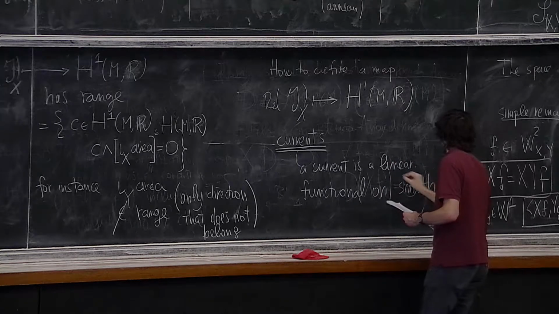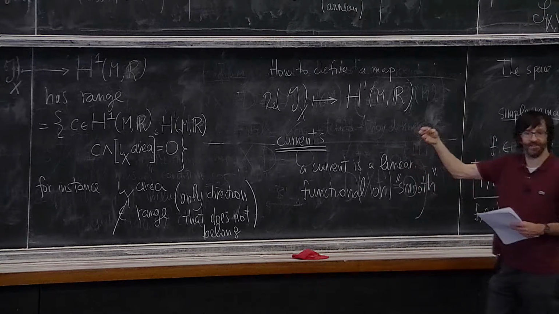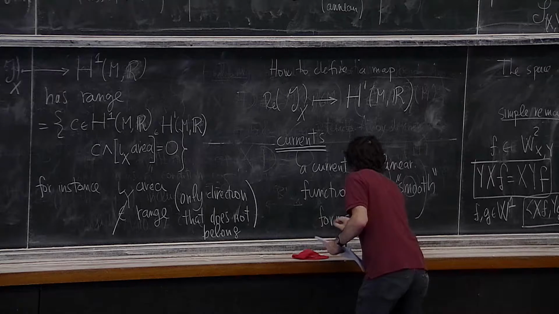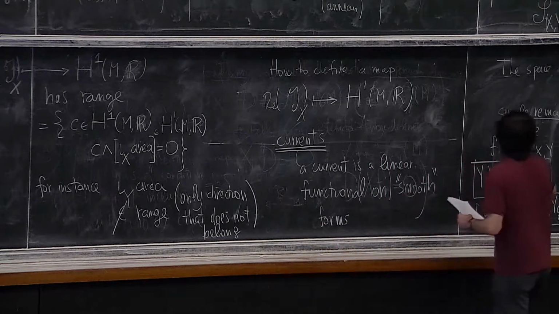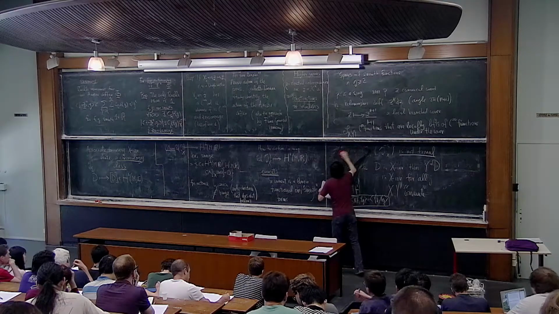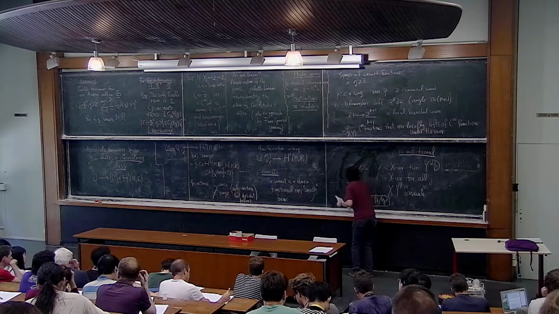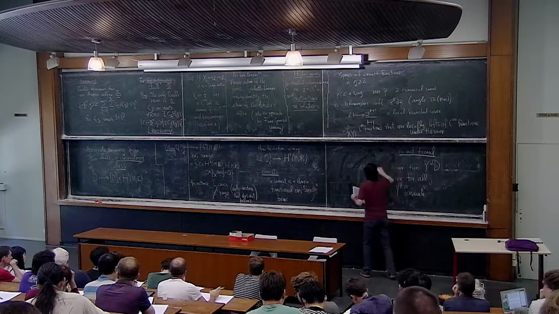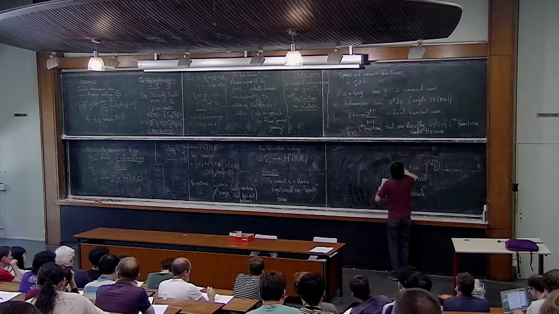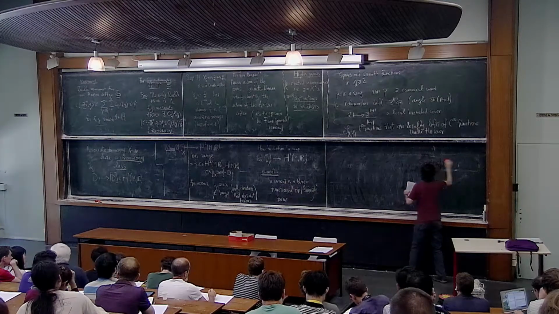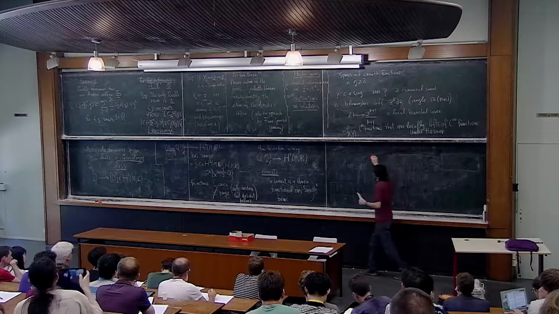Again, here the notion of smooth has to be taken in this adapted sense. Of course, there are forms of different degrees, and we can talk about currents of different degrees and also of different dimensions, because the basic current is the current given by a submanifold or a piece of submanifold by integration.